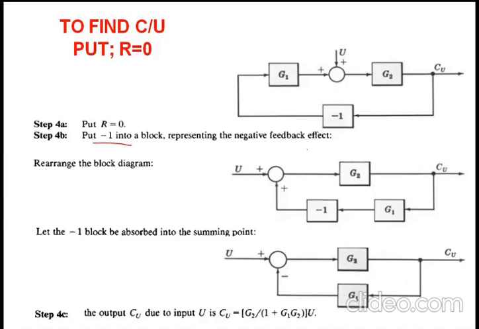If you observe, G1 and minus 1 are in series, then this will become minus G1, or take the minus and place it here, this will become negative feedback. Now G2 and G1 are in feedback, then the resultant answer will be C by U.